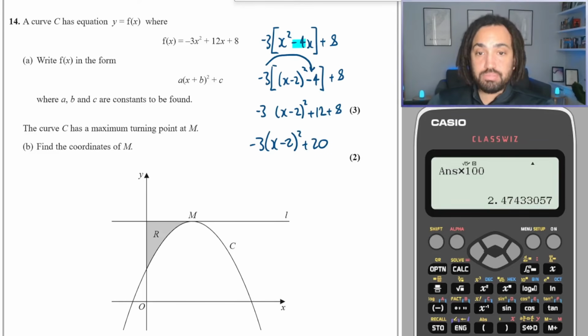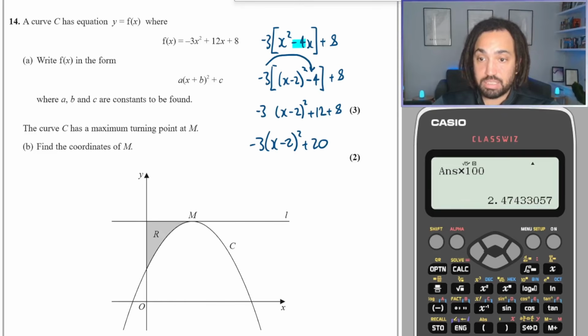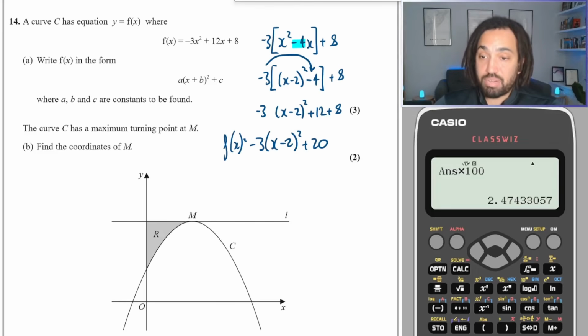Okay. That is very helpful in finding the coordinates of the maximum point, and the maximum point is when f of x is as big as possible. This square bracket here can give out only positive values, so the smallest it can give out is 0, and as we're taking away that square bracket because it's times by minus 3, we want that square bracket to be 0 to get the largest possible f of x.